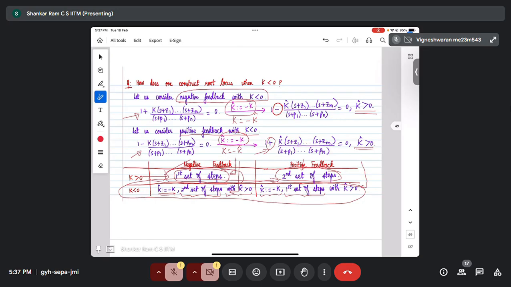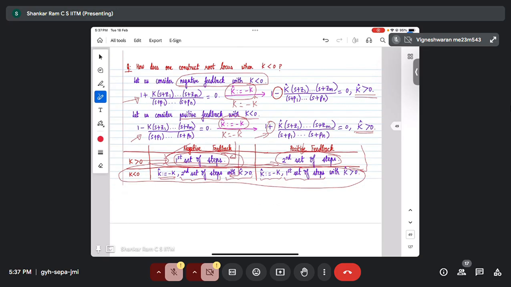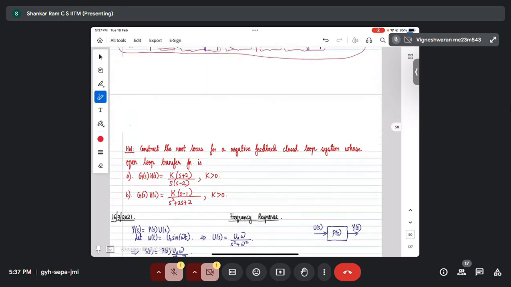I hope these steps are clear. So now this brings us to homework number 3. There are 2 open loop transfer functions being given. I want you to plot the root locus, of course, with negative feedback and positive k.